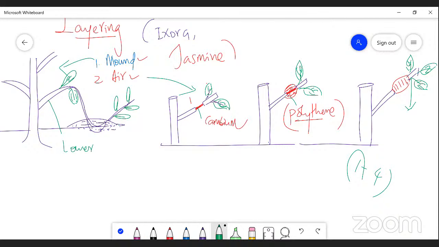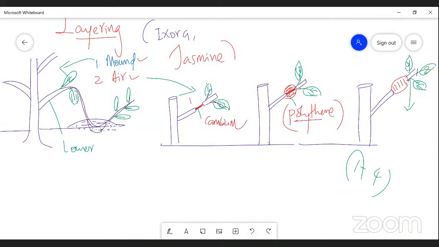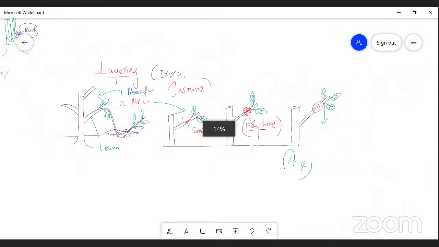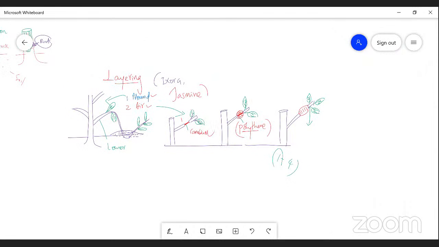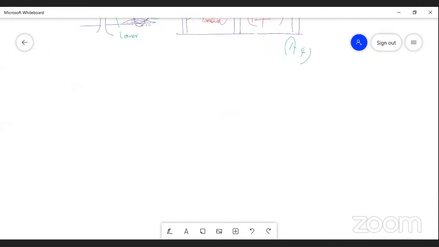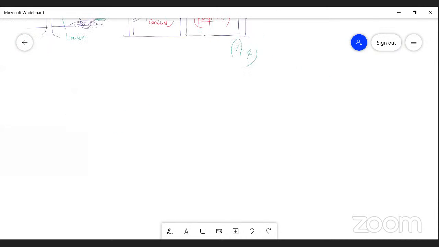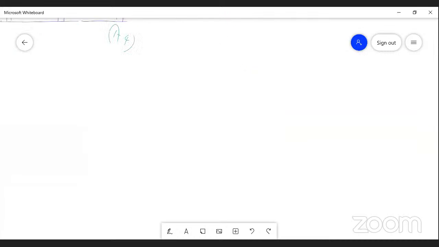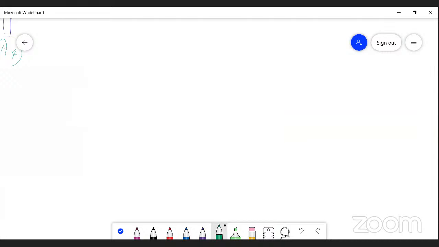Next we pass on to the advantages of this technique. We have so far discussed artificial methods of vegetative reproduction, and now the advantages and disadvantages of this technique. What are the advantages?